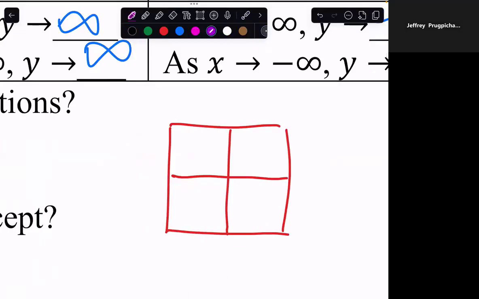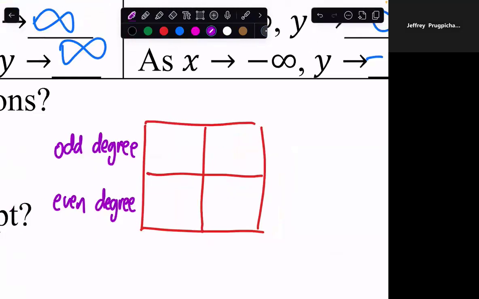So again, one thing we need to consider is whether it's odd degree or even degree. And the other factor is whether that highest exponent term is positive or negative.